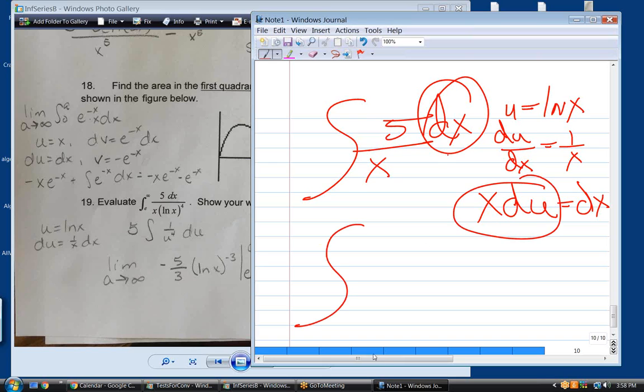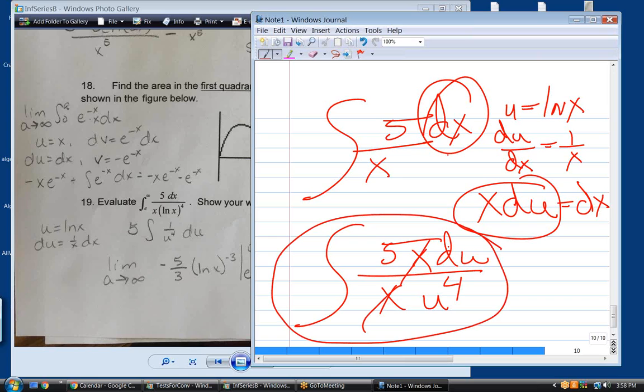So this integral is going to become 5 x du all over x u to the 4th. The x's go away, which we have to have them do, and now we have an integral that's easily done using the power rule. Okay.